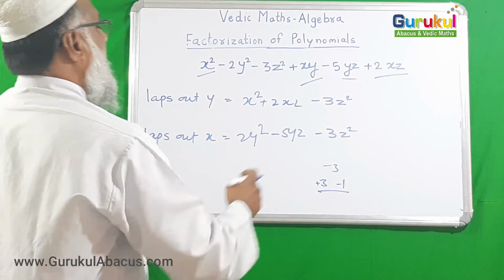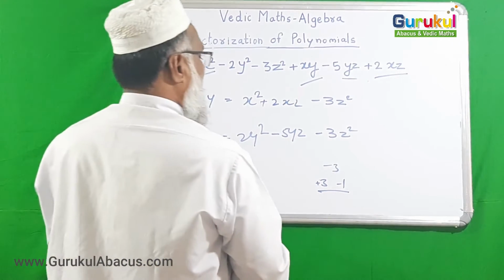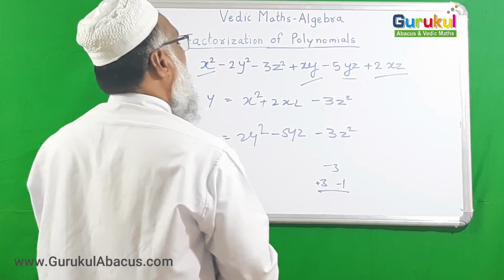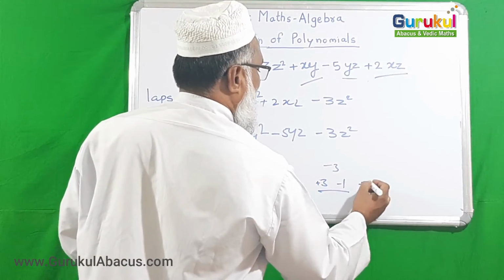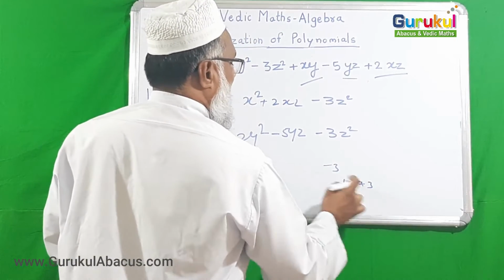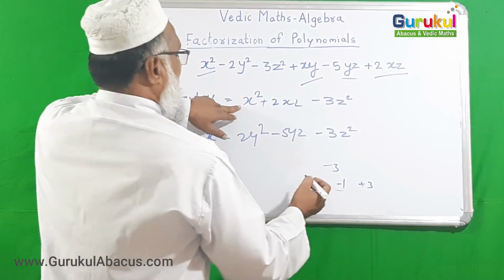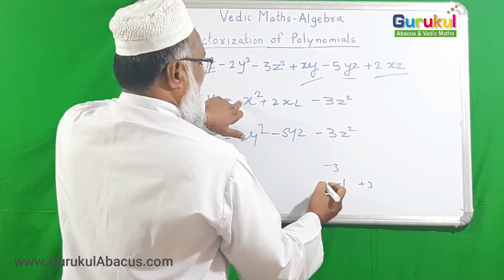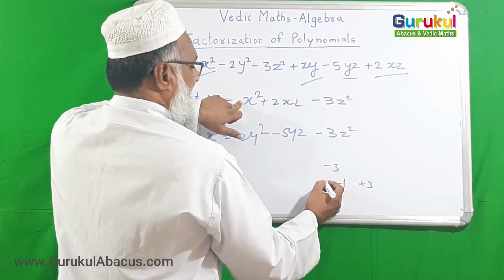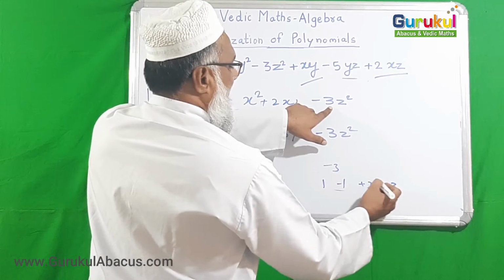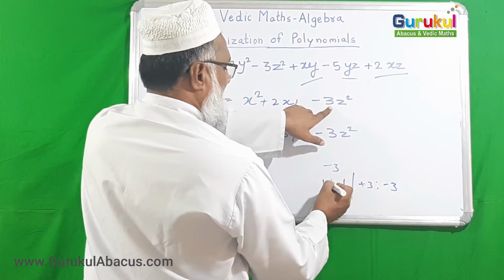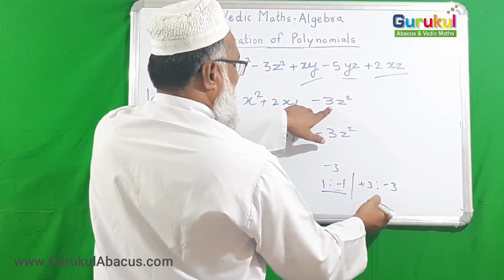Okay, only minus 1 take on that side, that will be enough. Minus 1 firstly we are taking here, so those are the factors. I am taking coefficient of x 1 with it, and coefficient of z minus 3 with it. Just check the ratio, 1:1, and it is also 1:1, we know it.